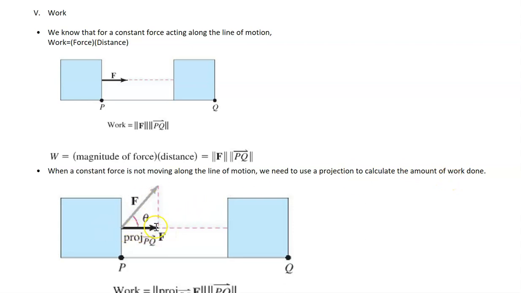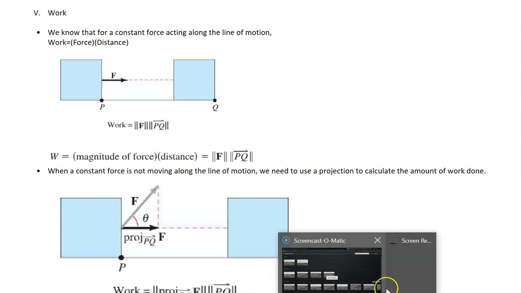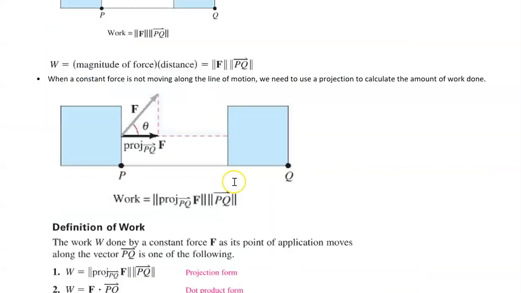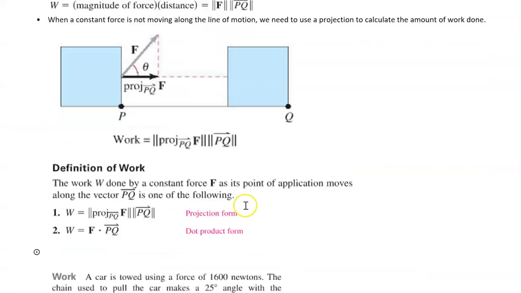So for example, right here, this is the line of motion, but for some reason this person is pushing up on the object instead of pushing forward. And there's an angle between these two vectors called theta. So work is going to be equal to the magnitude of the projection of F on PQ times the magnitude of PQ.